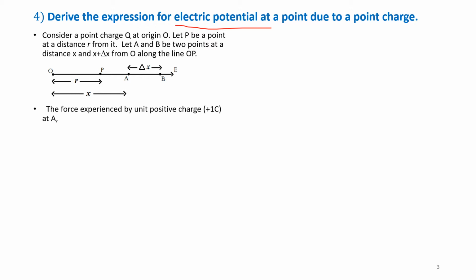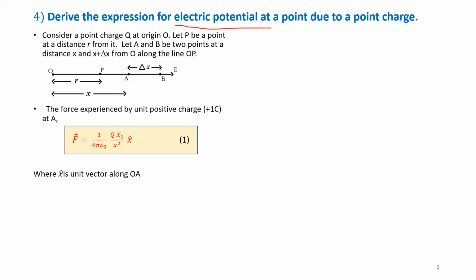The force experienced by a unit positive charge, 1 coulomb, at A is given by the equation vector F equals 1 over 4 pi epsilon naught into Q times 1 divided by x square into x hat, where x hat is a unit vector along OA.